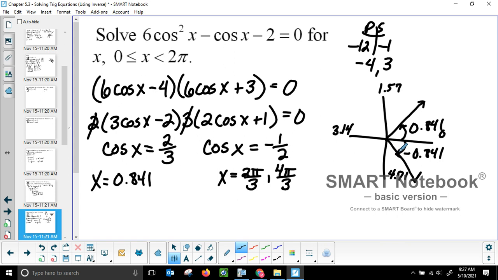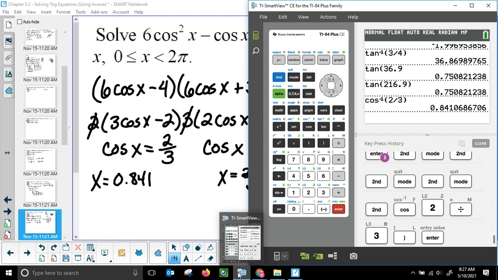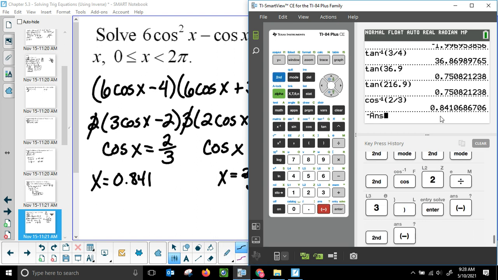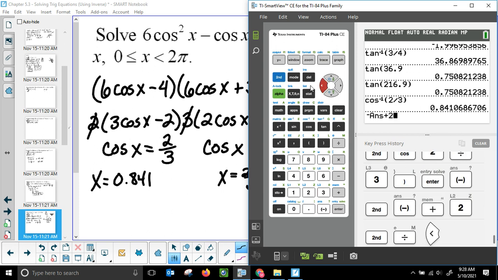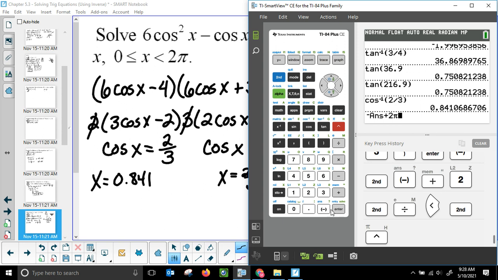Well, in this case, we're adding 2 pi. So I'm going to take the negative of my most recent answer, 0.841, and then add 2 pi. So 5.442.